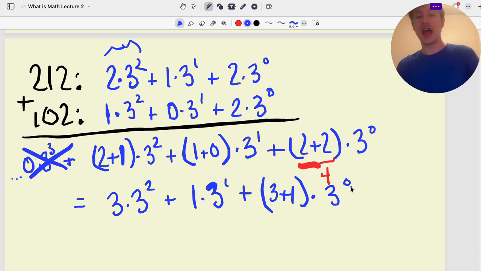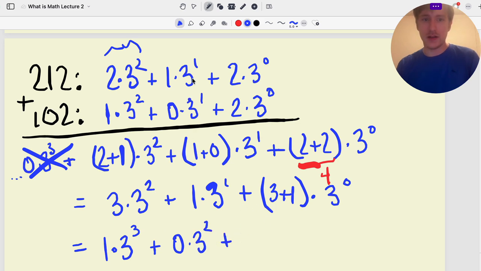Now watch what happens, okay? This 3 times 3 squared gets me 3 cubed. How many 3 cubes? Well, just 1. After that, I don't have any 3 squareds anymore because they all exploded. So I really am going to write 0 copies of 3 squared.